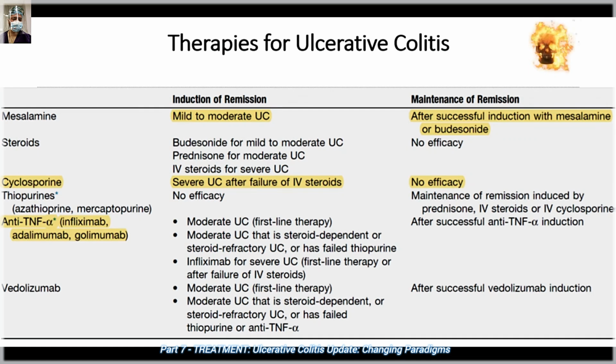We will cover the medical management of ulcerative colitis in detail in a different video tutorial. For the meantime, we have to remember that these are the drugs mainly used for a patient of ulcerative colitis: mesalamine, steroids, cyclosporin, thiopurines, and vedolizumab.